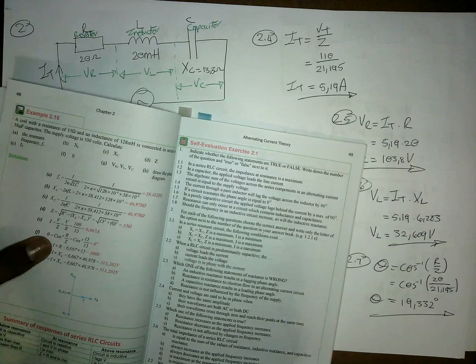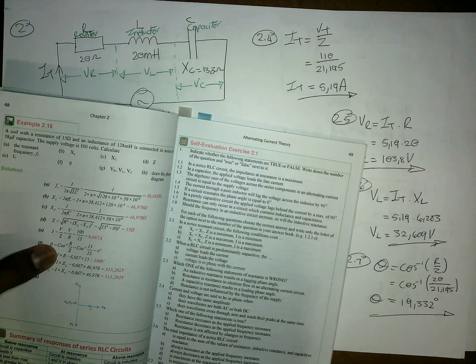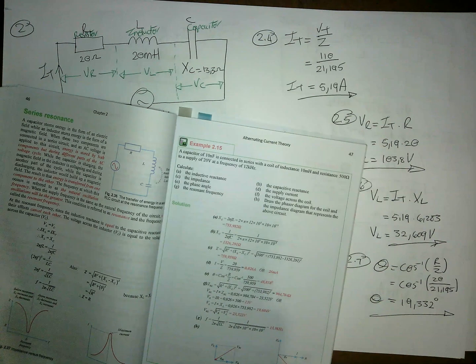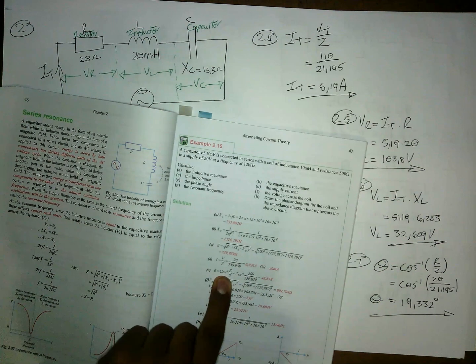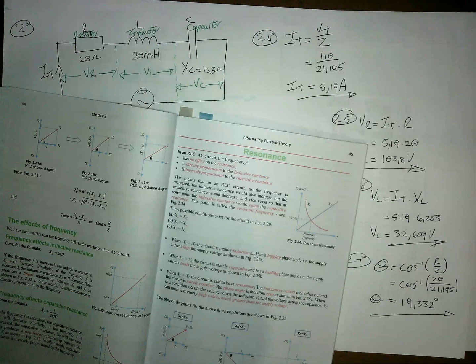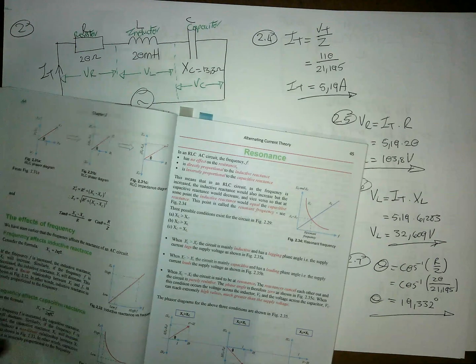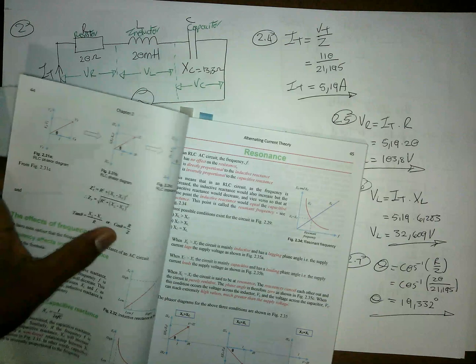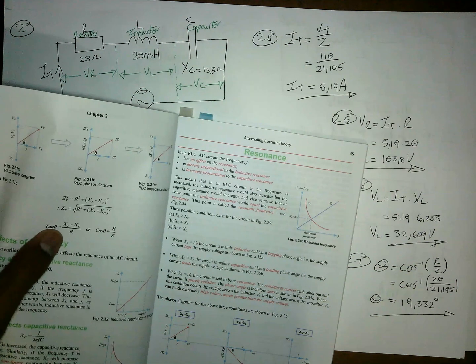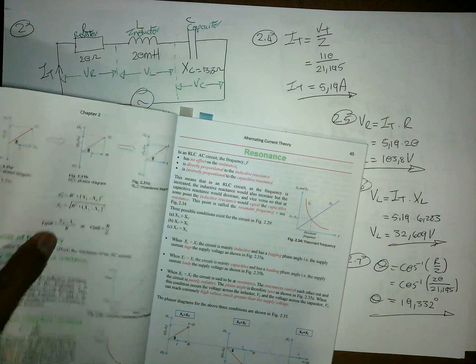See here in the text, for example, they use cos over there, and over here for the phase angle. Here they use cos or tan. But let us see if we're going to get that same answer.